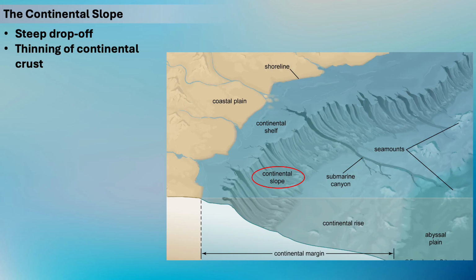Understanding the continental slope as a zone of crustal thinning rather than a sharp crustal boundary helps explain why continental margins have a step-like shape and why large portions of the continental crust can exist underwater.